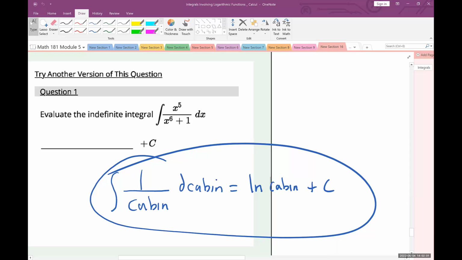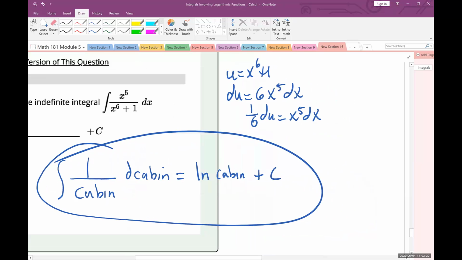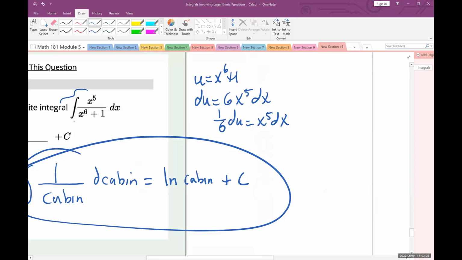Okay, so what did you choose for your u here? x to the 6 plus 1. So what's your du? 6x to the 5th dx. So 1/6 du equals x to the 5th dx. So can someone tell me how you rewrite that integral? Good.